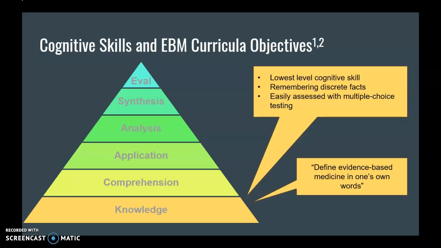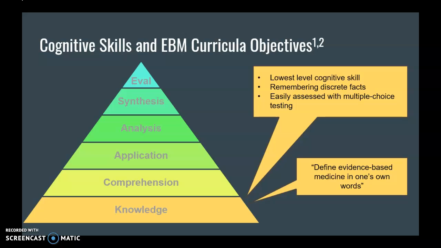So I'm going to go through Bloom's hierarchy and give you some brief definitions of what each cognitive skill is. And then I found an article that looked at evidence-based medicine curriculums across U.S. and Canadian medical schools.